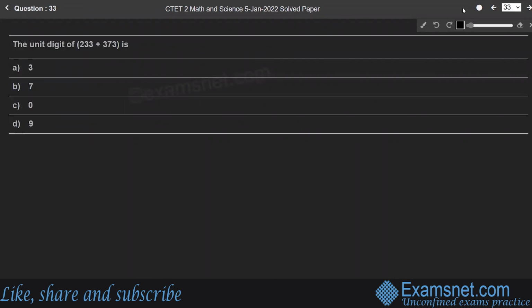Question number 33. The unit digit of 23 cube plus 37 cube. So the actual question is, 23 cube plus 37 cube is.